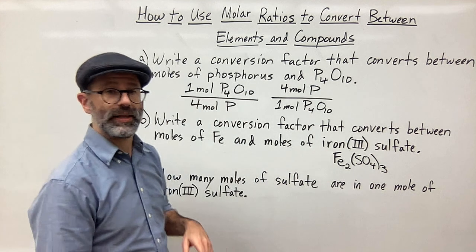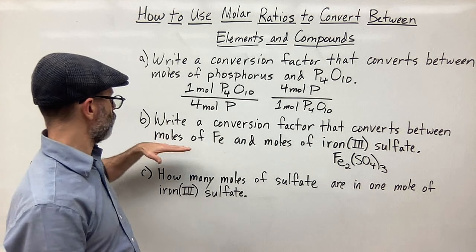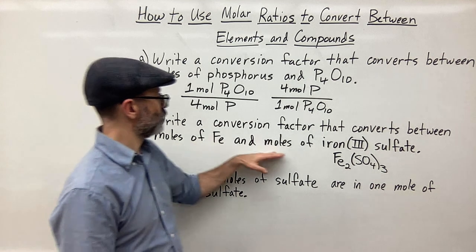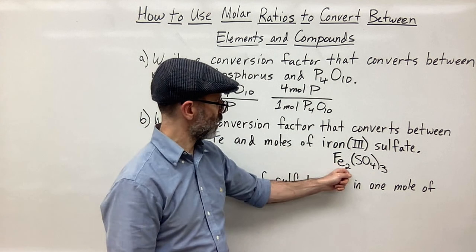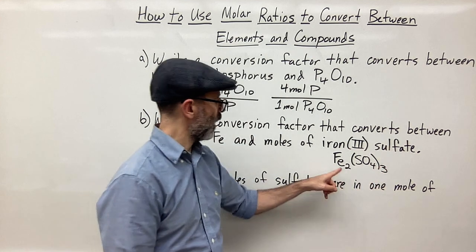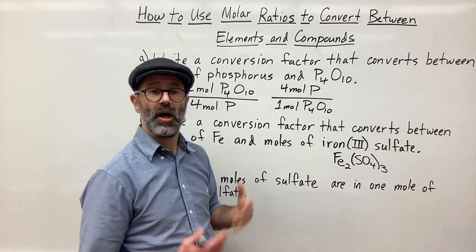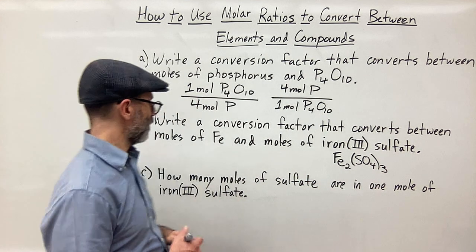Okay, so in this case, though, they want the ratio of moles of iron to moles of this substance. And I have two iron atoms here. So for every one of these, I have two iron atoms. So the mole ratio is exactly the same.